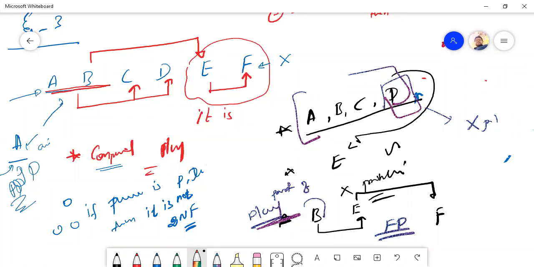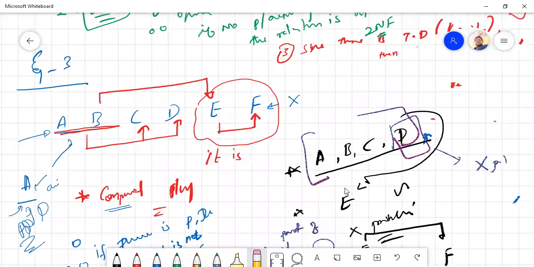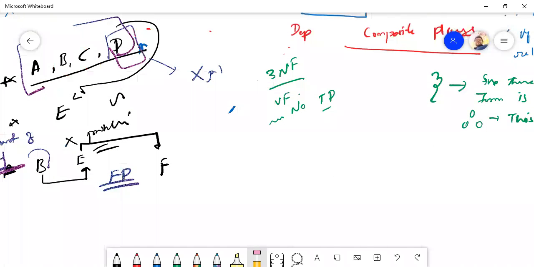If D or E is depending on B, then it is partially depending. Somehow it is depending. We don't have any question on that, right? So don't worry, the answer is right.